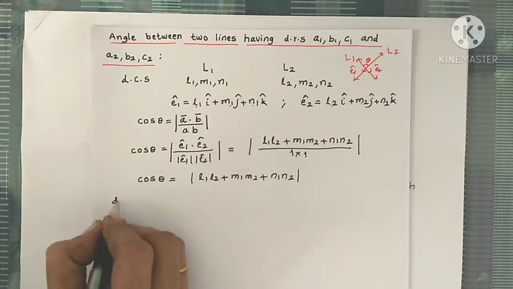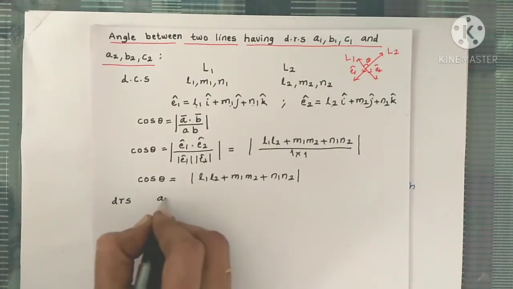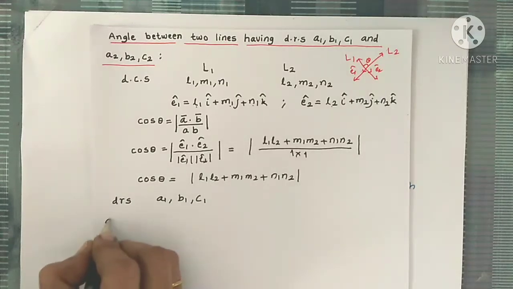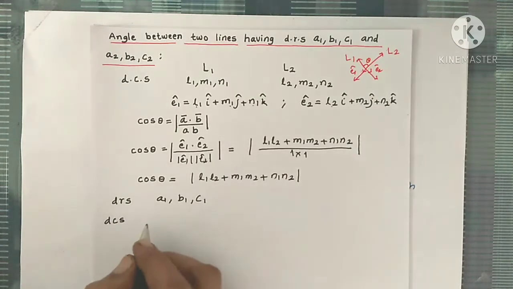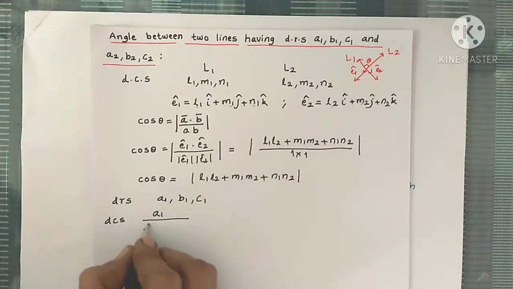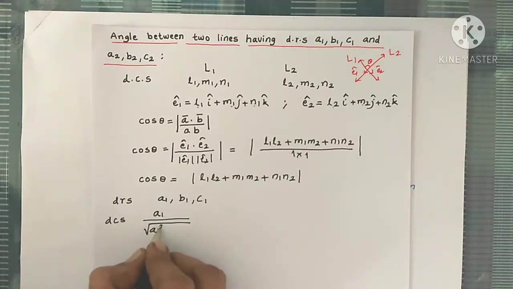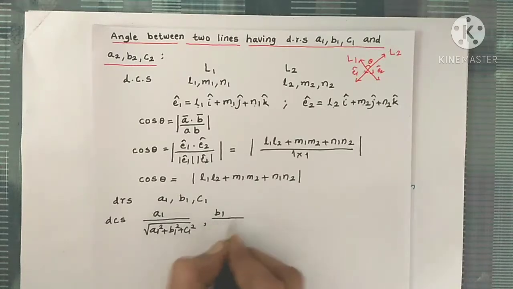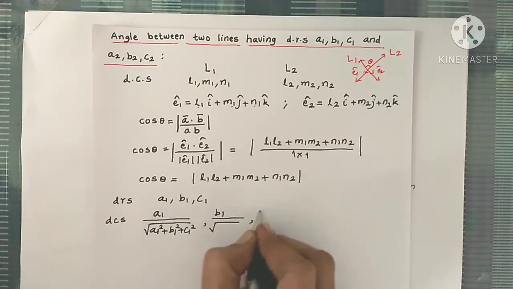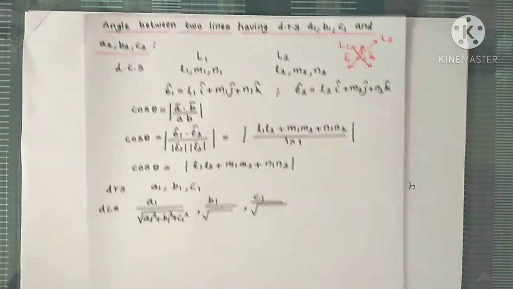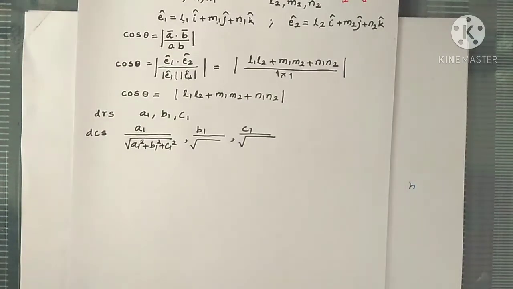So if the direction ratios are A1, B1, C1 for the first line, then the direction cosines, which we are writing now as L1, M1 and N1, are A1 upon root of A1 square plus B1 square plus C1 square, B1 upon the same root and C1 upon the same root. I am not writing the terms inside the square root, so you can understand that.